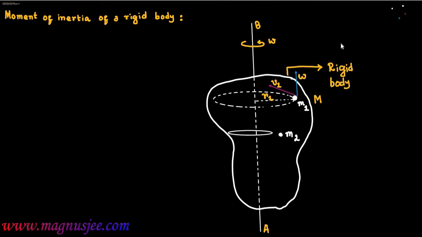anti-clockwise direction. M2 is the mass of another constituent particle which will revolve in this imaginary circular orbit of radius r2. This is the circular orbit in which this constituent particle of mass m2 will revolve with the same angular velocity omega. Here r2 is the perpendicular distance of this constituent particle of mass m2.